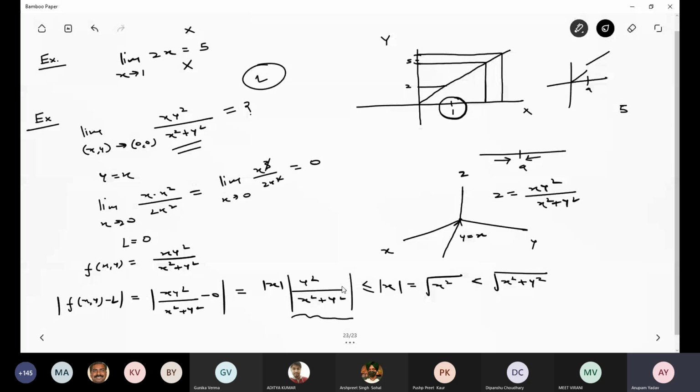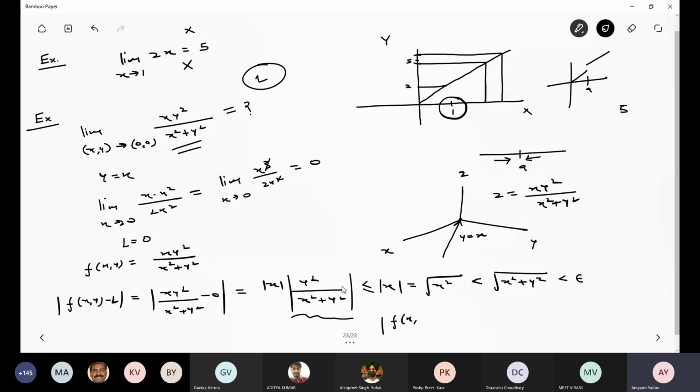Okay, so you see the whole mod f(x,y) minus L is actually less than under root x square plus y square. Now if I choose this value as less than epsilon, then everything follows.